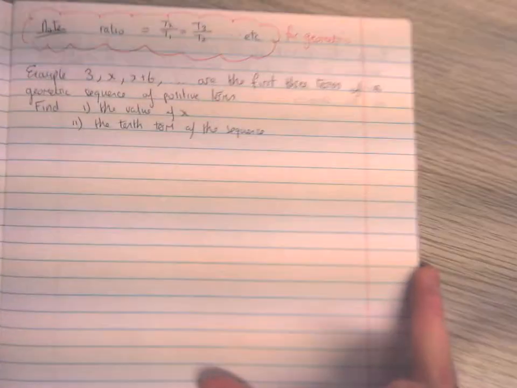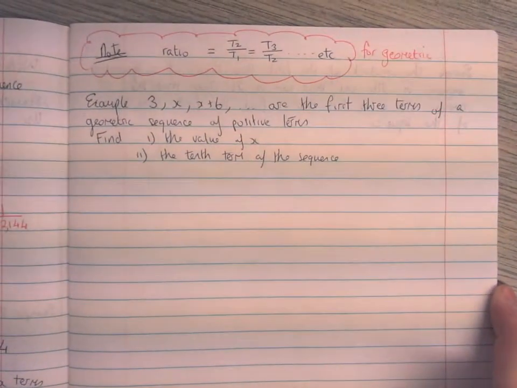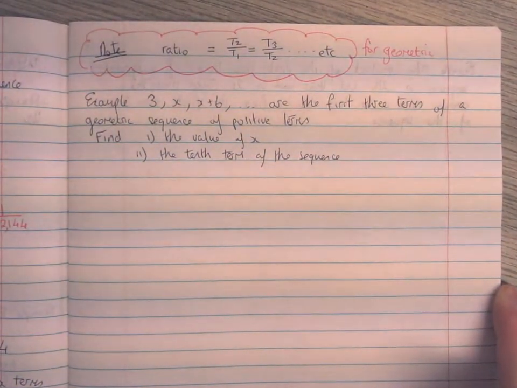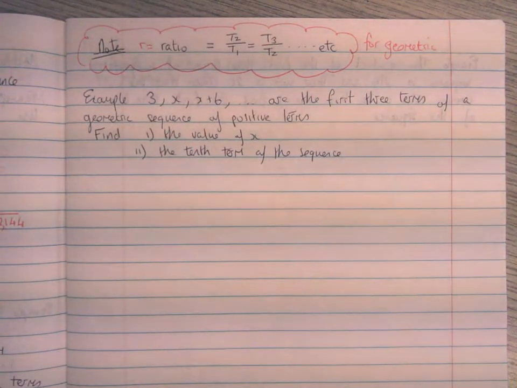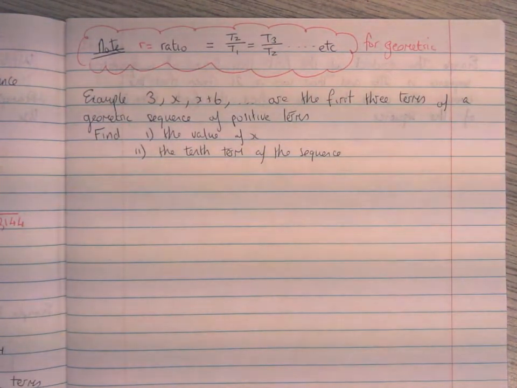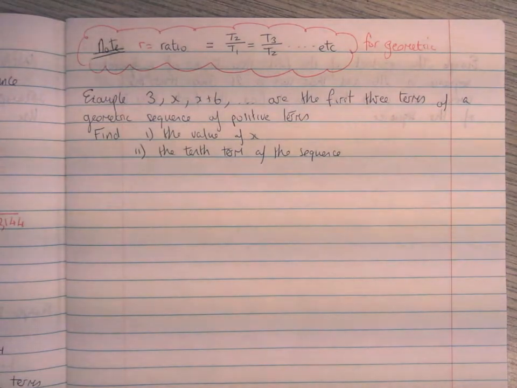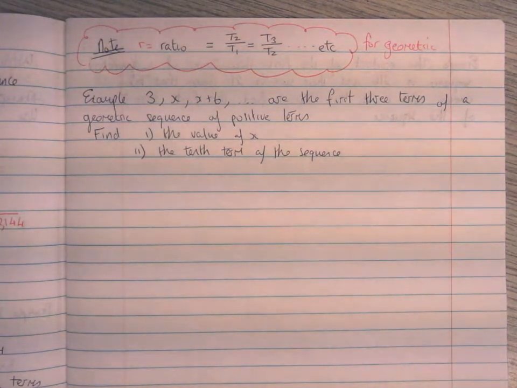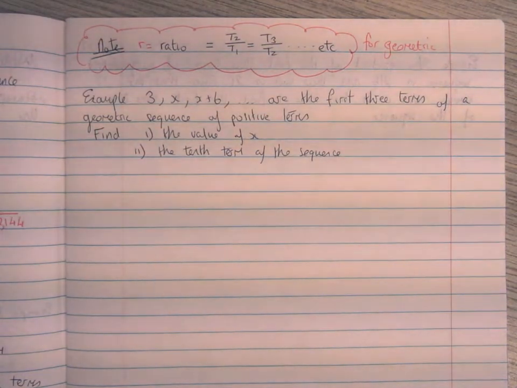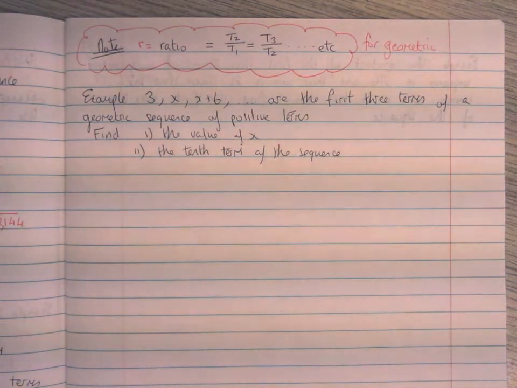Again, just to note it, the ratio r is T2 over T1, or T3 over T2, or T4 over T3, etc., for a geometric.